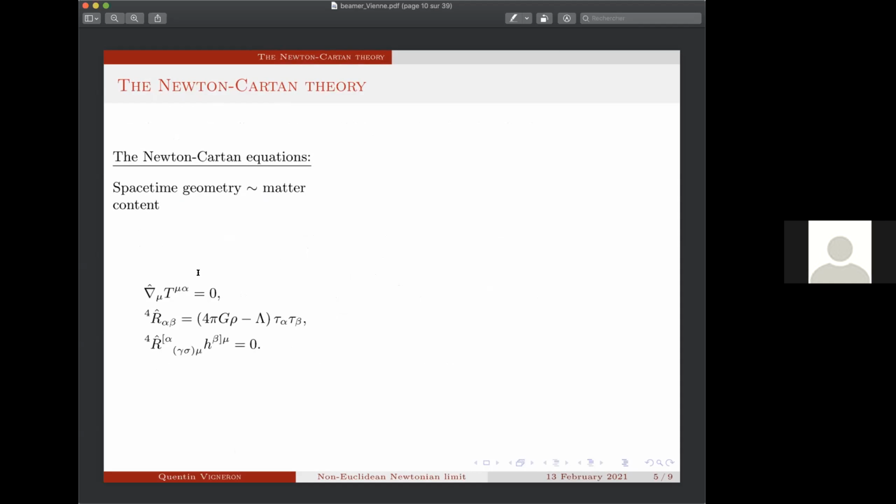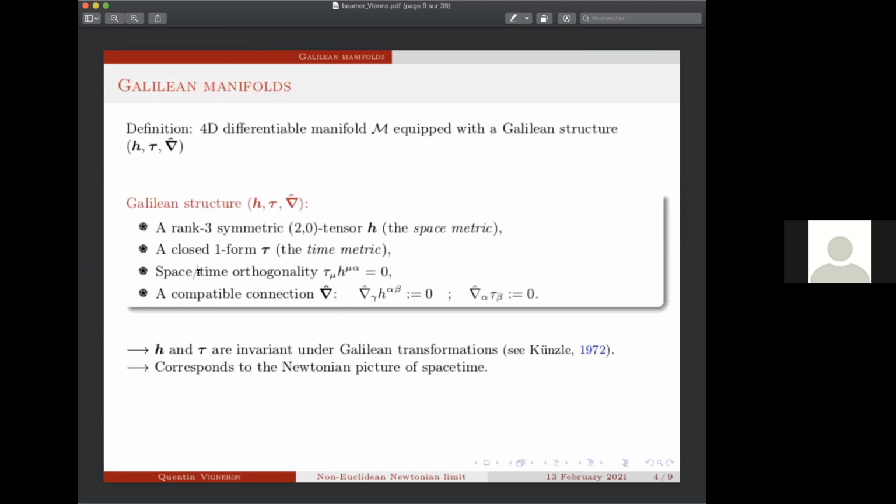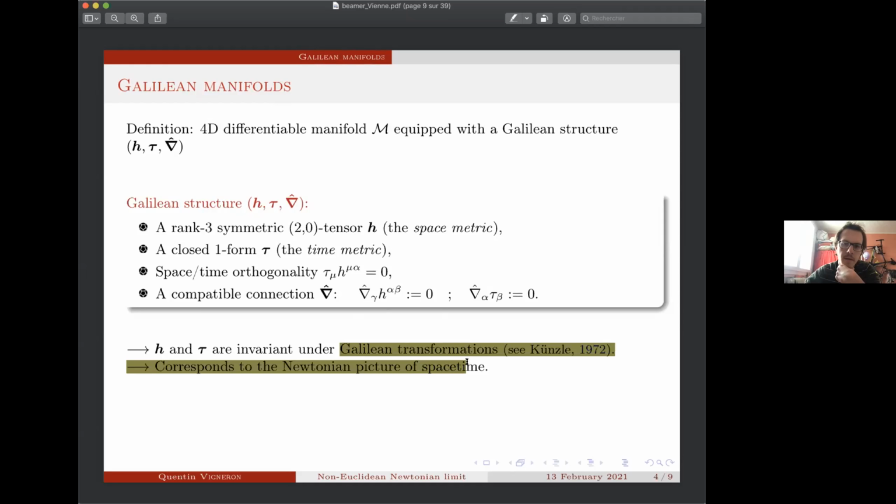Question, Quentin? Yeah. Surely this Galilean invariance is something you have to impose on top of it, right? H and tau have to be invariant, that's an extra assumption. It's not automatic at this stage. No, actually, if you analyze Galilean transformations, you can show that they leave such a tensor and such a one-form invariant.